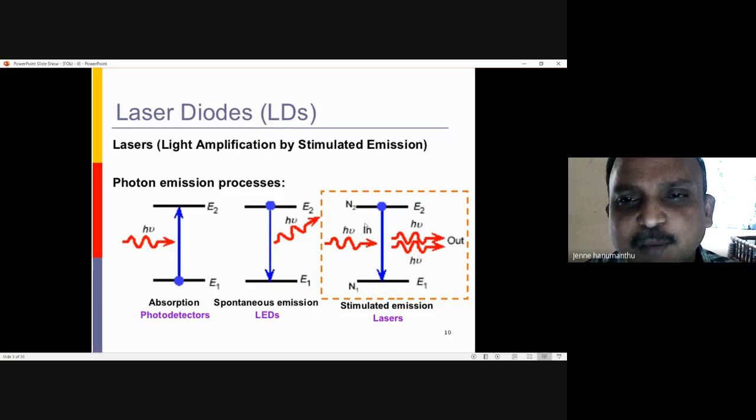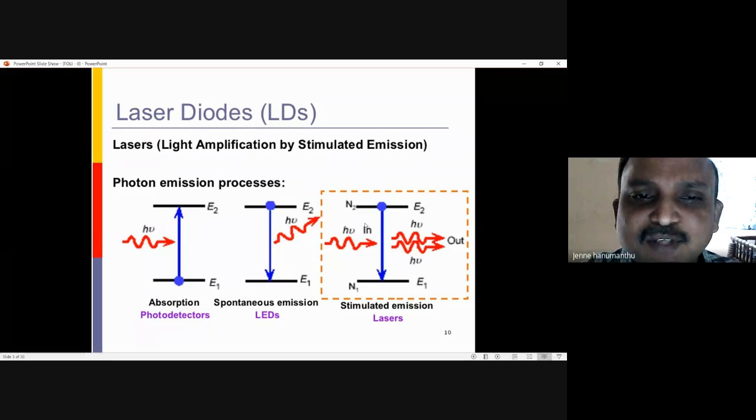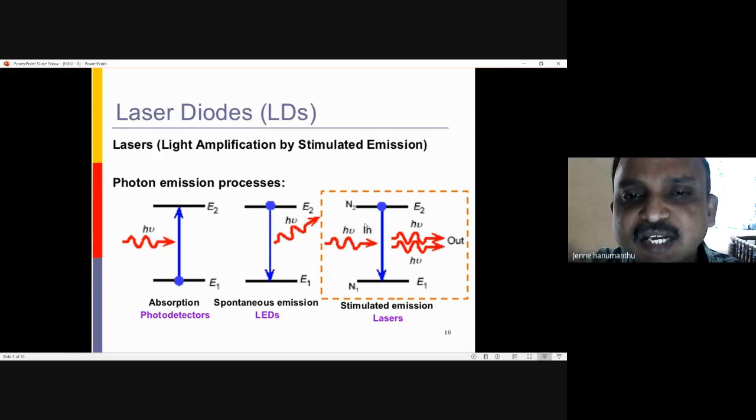But my point is, if more atoms are available in the high energy state, they will jump from high to low, and we can get maximum radiation.